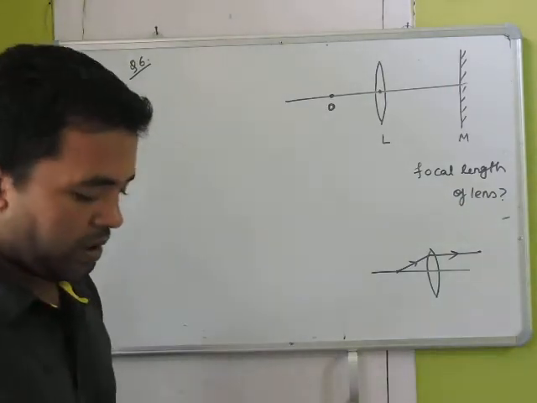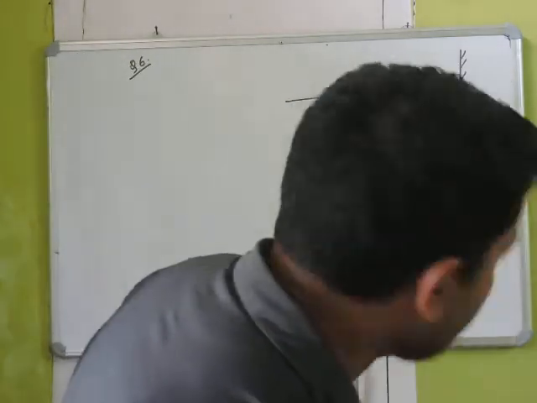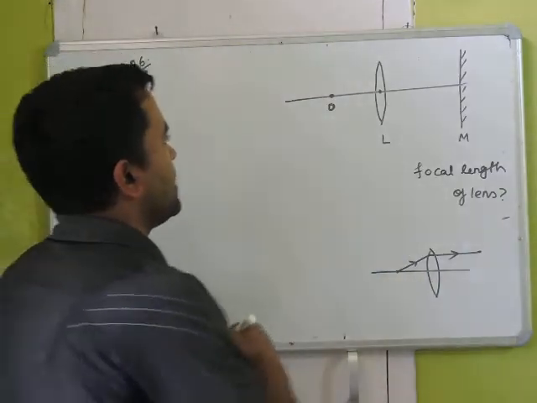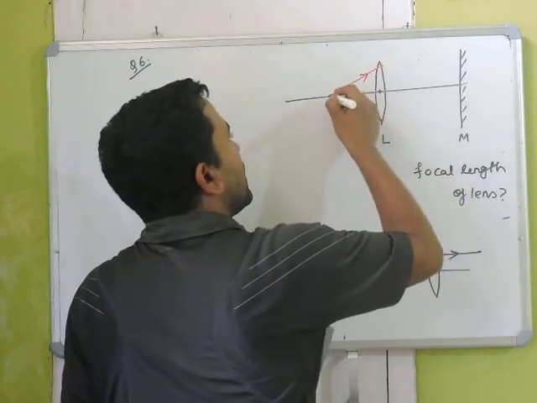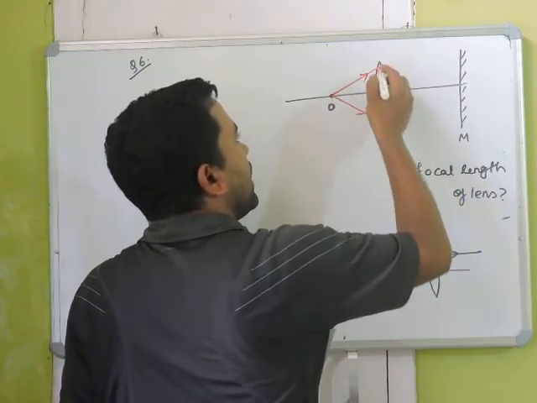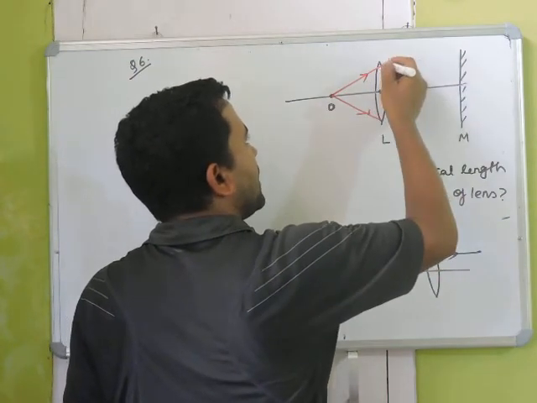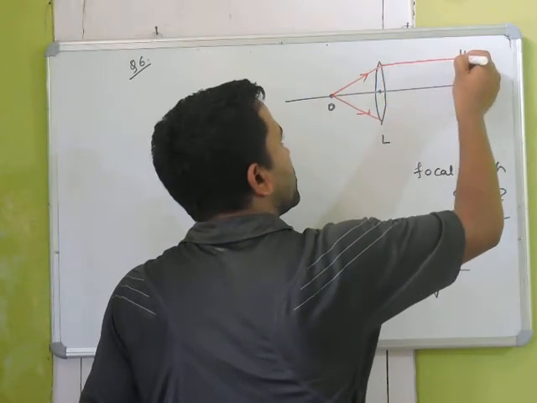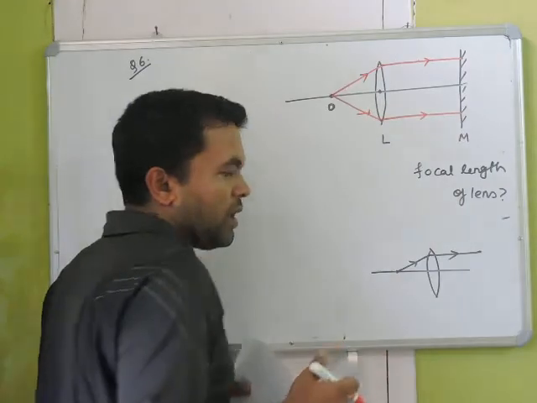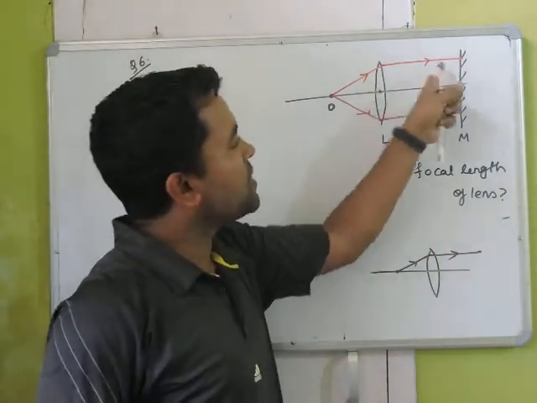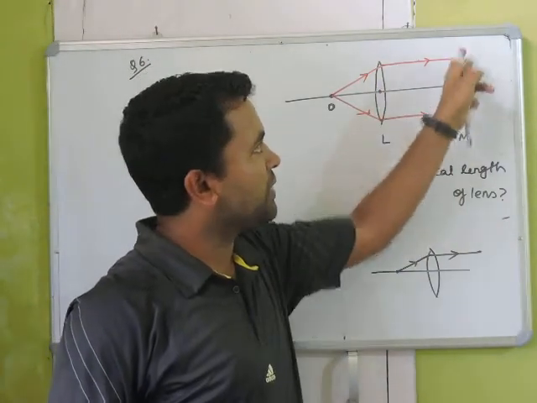So suppose this is a point-size object, and this is the focus. I take a ray, and I take one more ray, and after refraction they will become parallel, so they go like this. Now you know that once they become parallel they are not going to meet if there is no mirror.